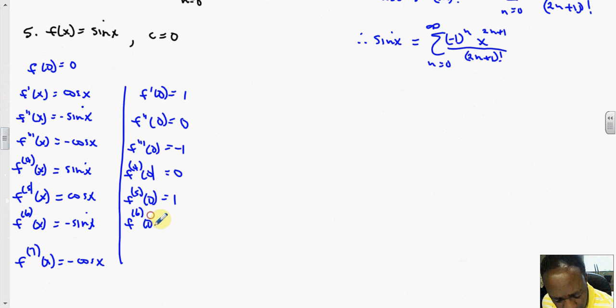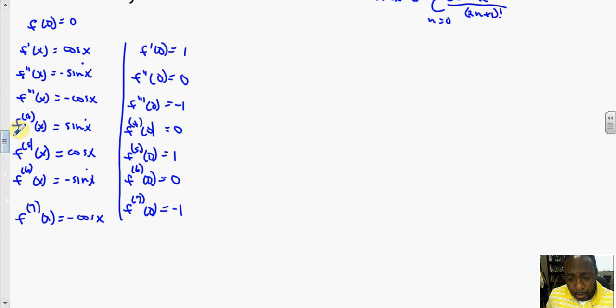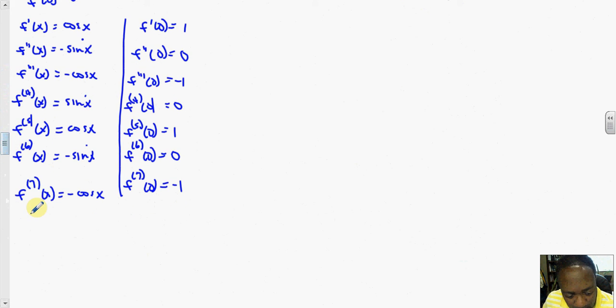The sixth derivative is 0. The seventh derivative at 0 is negative 1. Notice that the signs with the cosine and sine, they do oscillate. And that's pretty neat. Everywhere you see that.